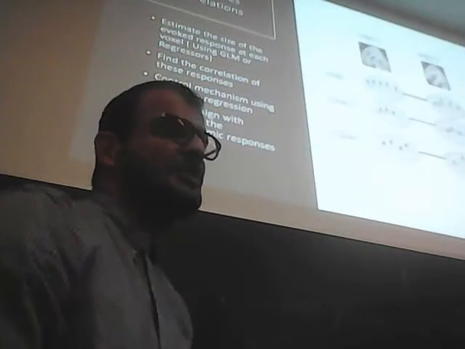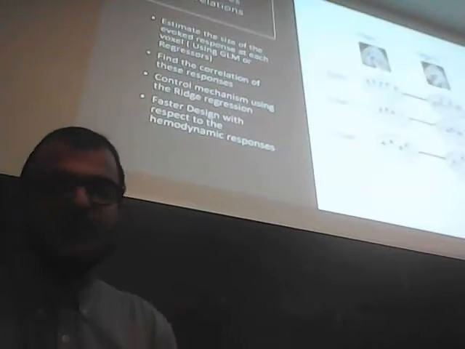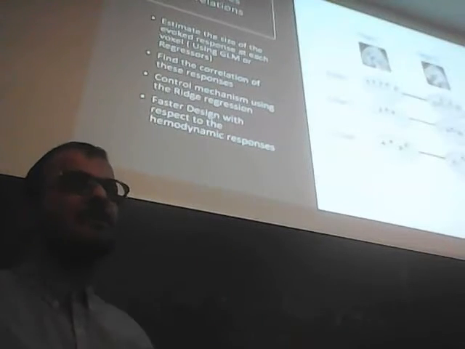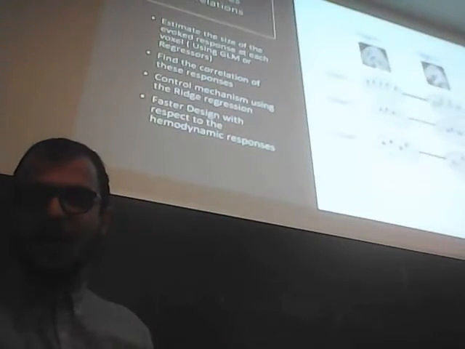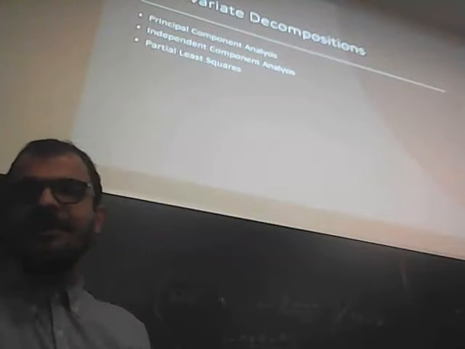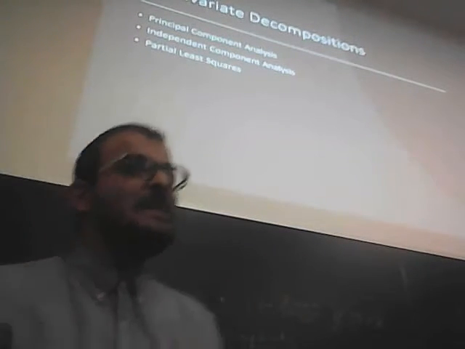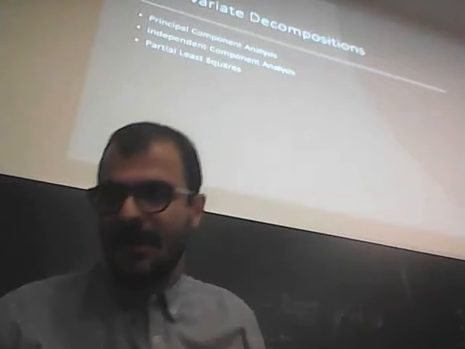There are two options to handle that. The first is to use ridge regression, when you want to use regression models to estimate those parameters. The second is to use multivariate decompositions, which is the second type of my SPM data, extracted from these methods.